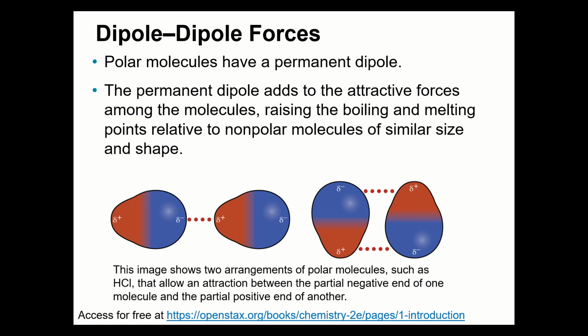Okay, now the second type of intermolecular force that we're going to talk about is the dipole-dipole force. This is going to occur between polar molecules that have a permanent dipole, right? And we saw that with hydrochloric acid, or HCl.